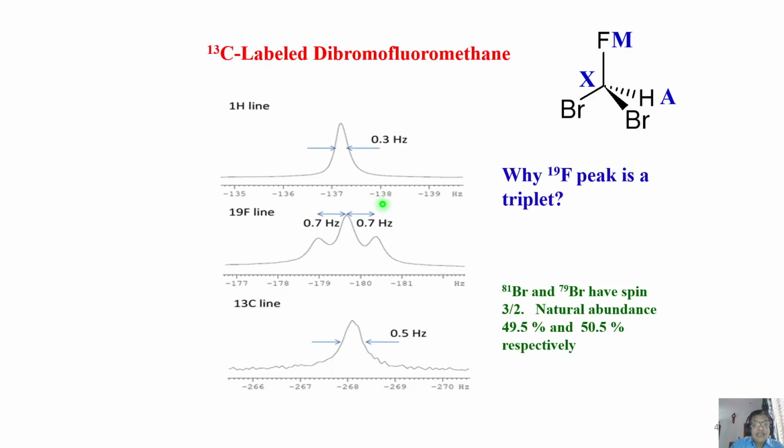As a consequence, in your fluorine spectrum, it appears like a triplet with 1:2:1 intensity. But in reality it is not 1:2:1. It is 1, 1, 1, 1, four isotopomers. Each isotopomer gives a single fluorine peak. Each peak should be a singlet, but because of four isotopomers, it becomes four peaks. These two, being indistinguishable, overlap and appear as a triplet. That is the reason why you got a triplet.